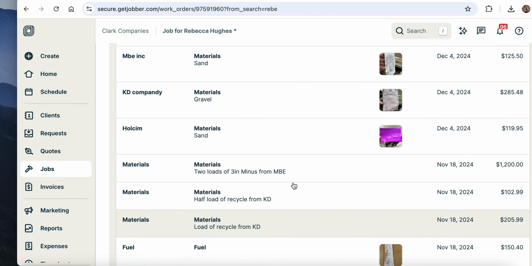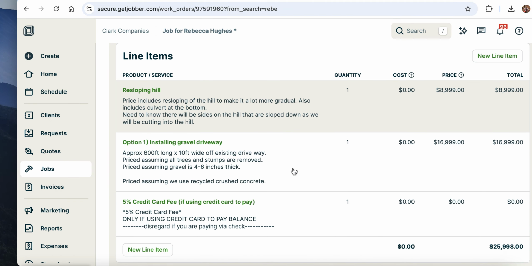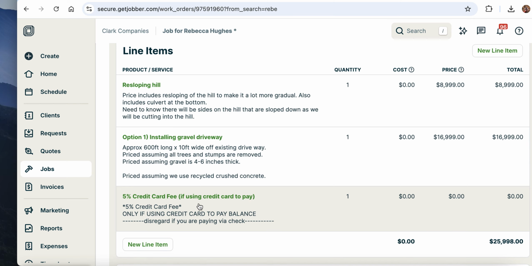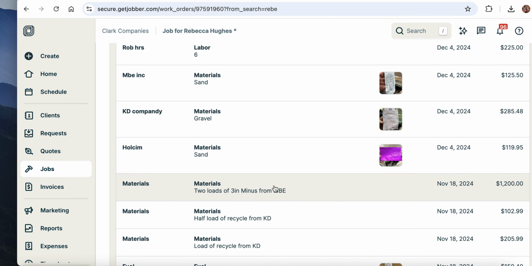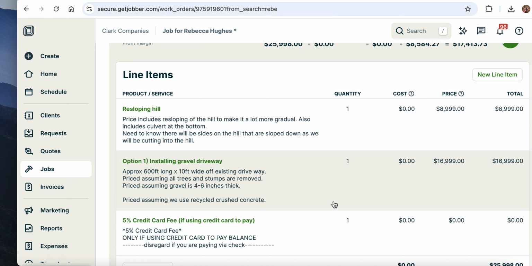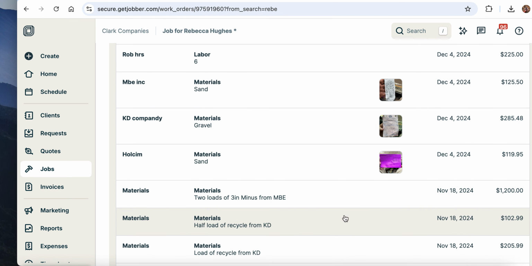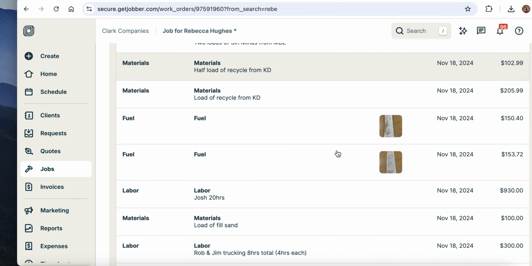But you're going to want to look at what the job consisted of under the line items section, the work that we were doing out there, and make sure that the material expenses match up with the work that was done. Say if they were doing a paver patio or block retaining wall, there should be block materials in here or that sort of thing.